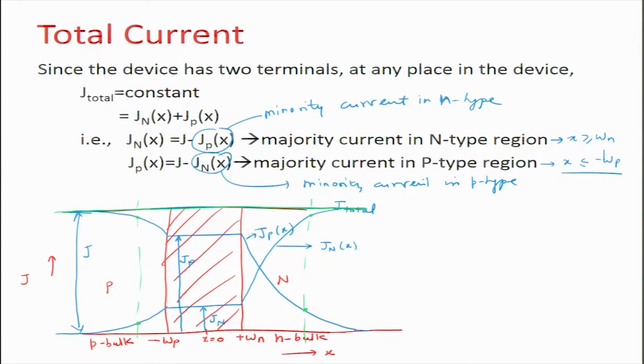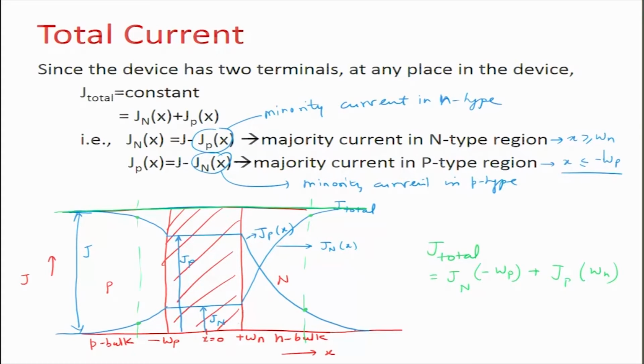Now, J total I can write. Since in these regions they are going to vary, but within this region they are going to stay constant, I can also write J total is nothing but Jn at minus Wp plus Jp at Wn, all right.